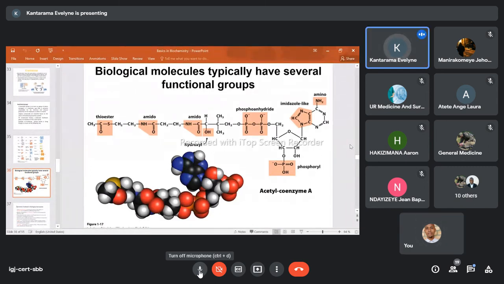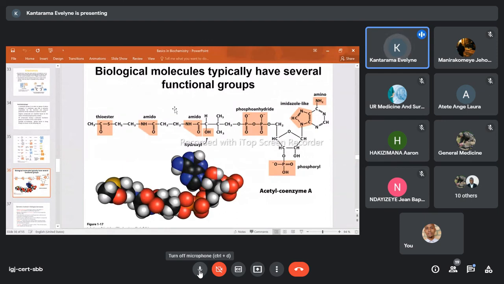In this, for example, this is acetyl coenzyme A, where we have many functions. The one which will dominate, as if I can say, for this group, mostly this thioester group, but depending on the situation, any functional group can dominate depending on the situation.